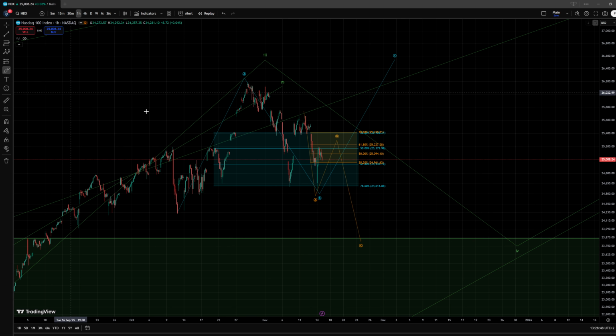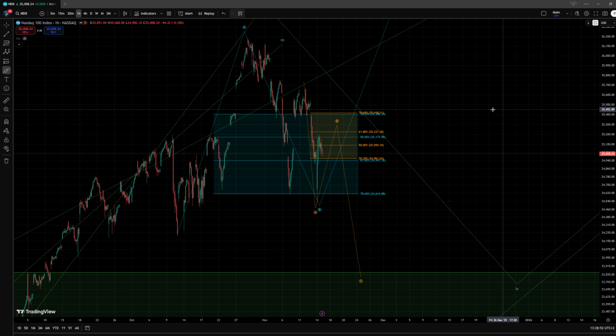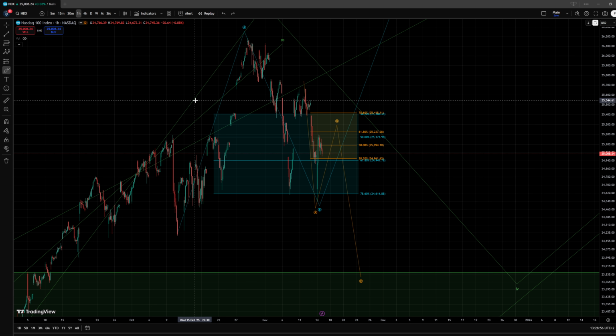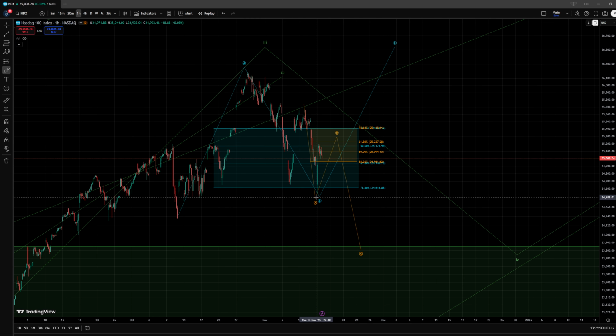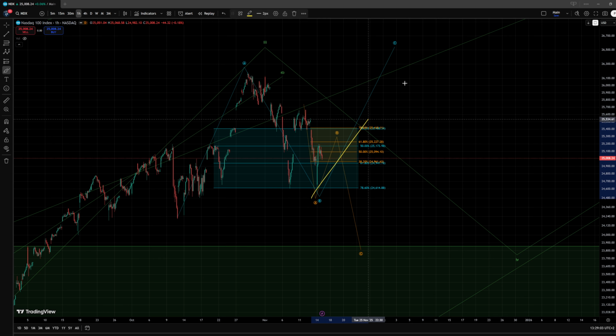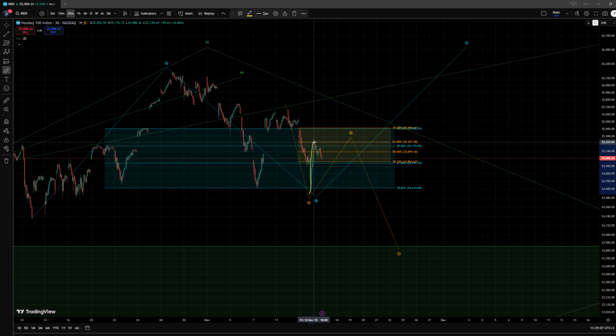And we have here a very tiny area of resistance in orange, which goes all the way up to the $25.4K level. Now, if we manage to break above that, I will be tracking if we manage to form an even larger 5-wave move to the upside for an initial wave 1 of the wave C. At this point, we may have a tiny wave 1, but it's basically structureless.